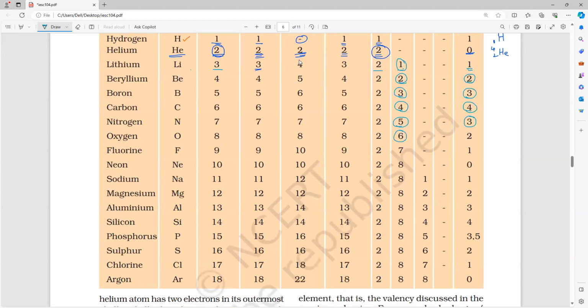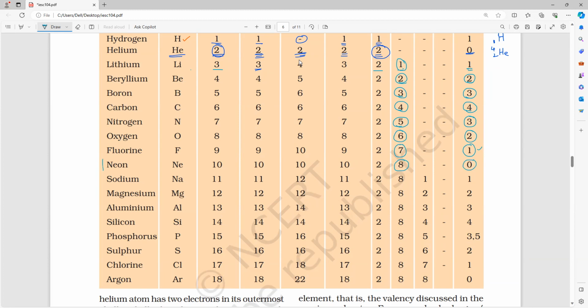Next, 6 electrons, 8 minus 6, valency is 2. 7 electrons, 8 minus 7, valency is 1. Next, 8 electrons, 8 minus 8, that is 0.